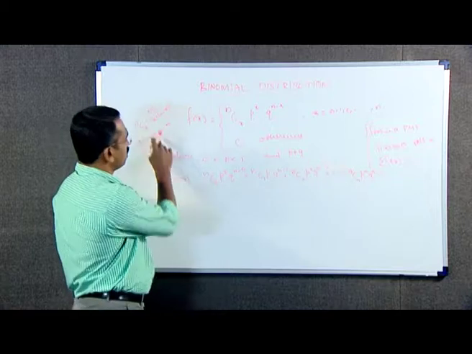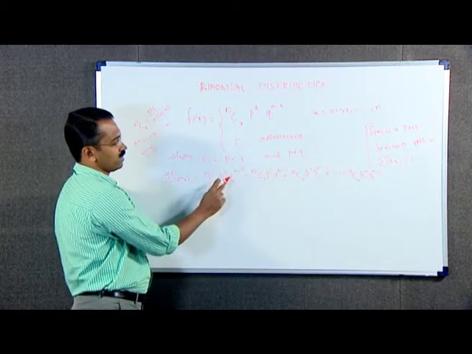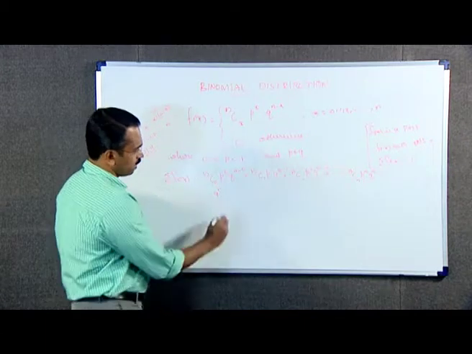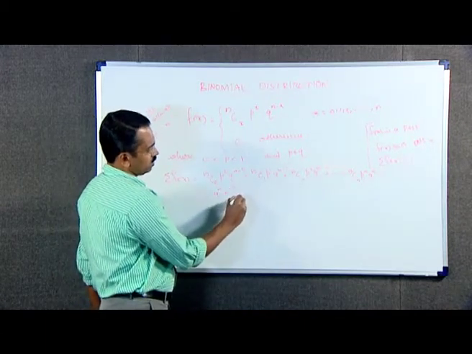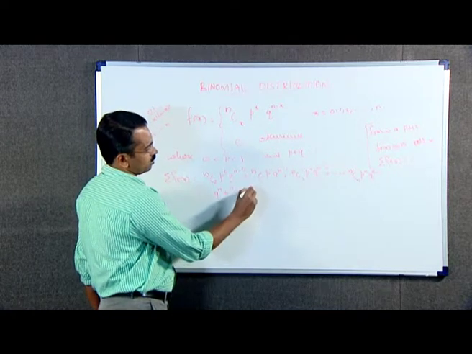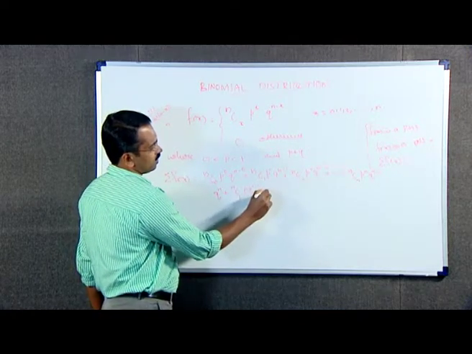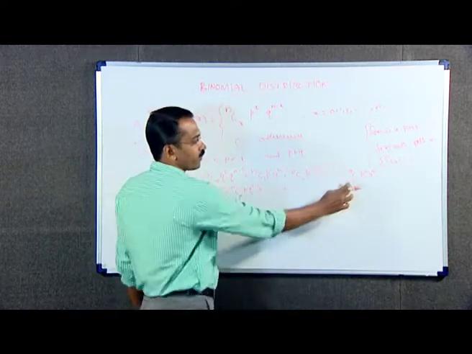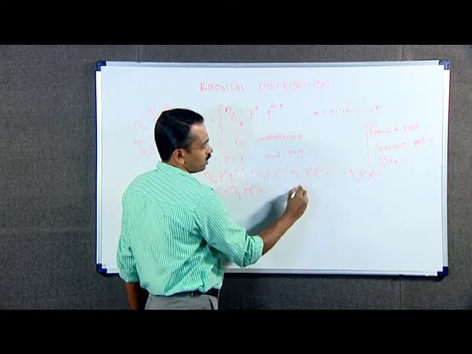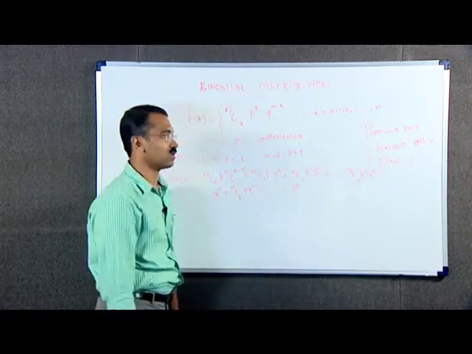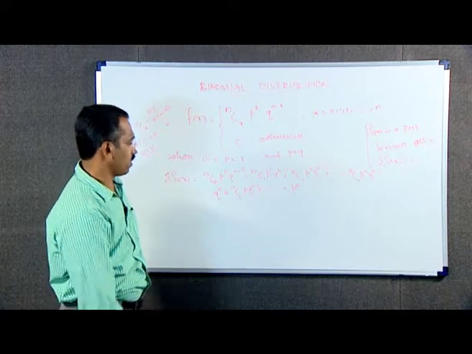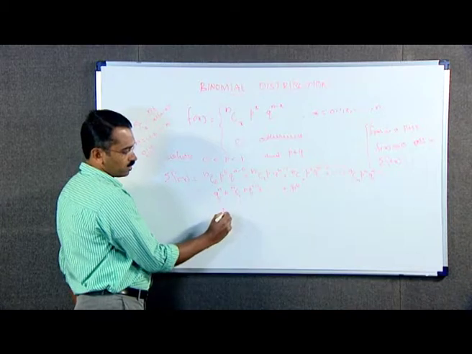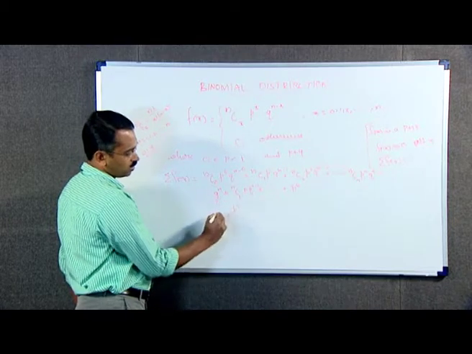Therefore, nC0 is equal to 1, p raised to 0 is 1, so the first term is q raised to n, plus nC1 p into q raised to n minus 1 plus etc. plus nCn is again 1, p raised to n into q raised to n minus n is q raised to 0, that is 1. This is the binomial expansion of q plus p all raised to n.